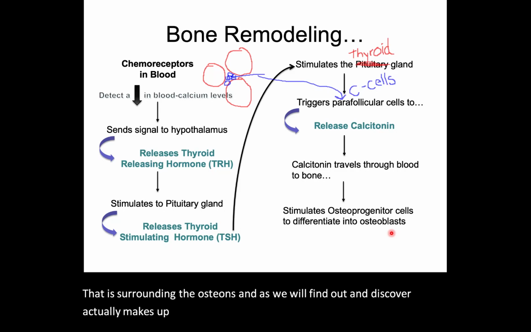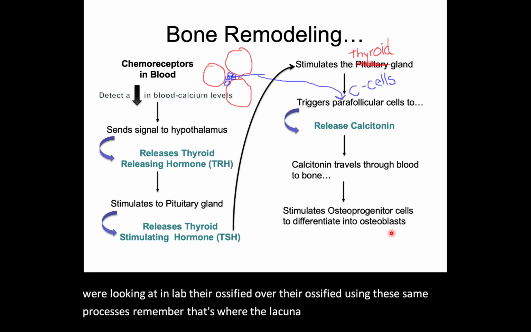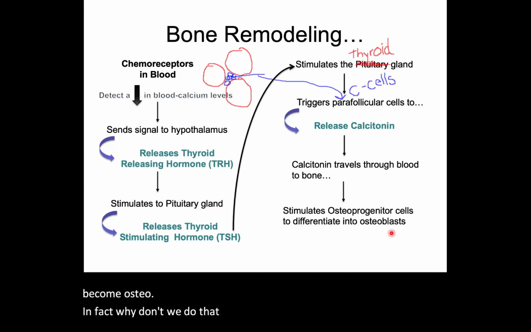And so those circumferential lamellae that we were looking at in lab, right, they're ossified over, and they're ossified using these same processes. Remember, that's where the lacuna are. Inside of the lacuna is where we find osteoblasts. And we'll talk about how those osteoblasts then become osteocytes. In fact, why don't we do that now? We'll go ahead and we'll take a few minutes to let this digest and talk about that.